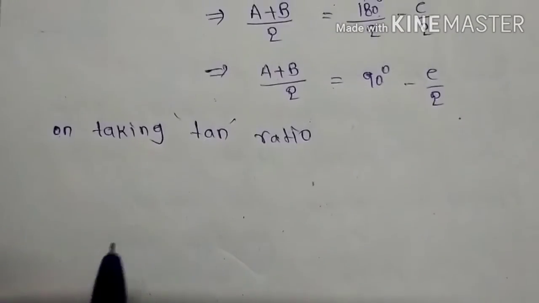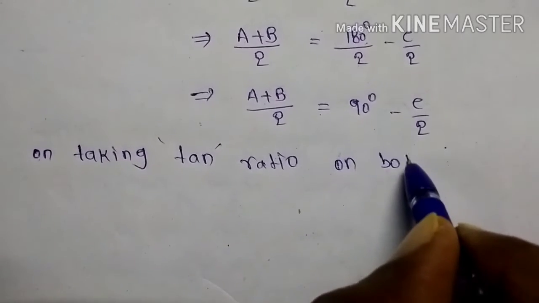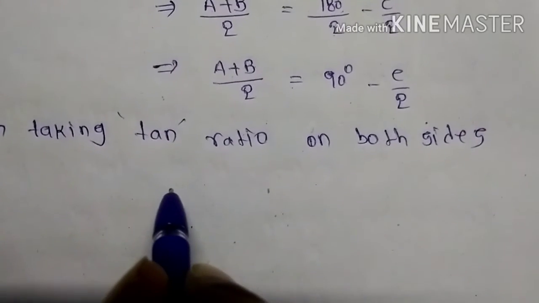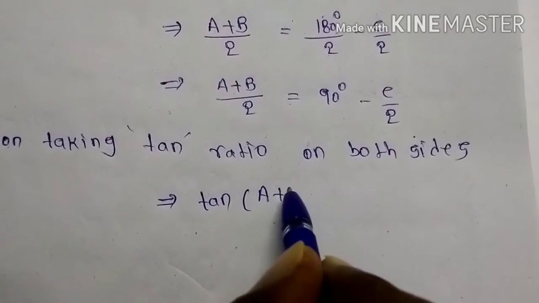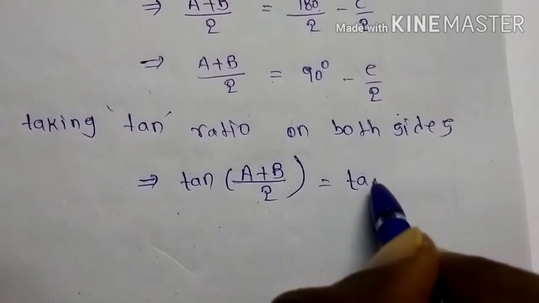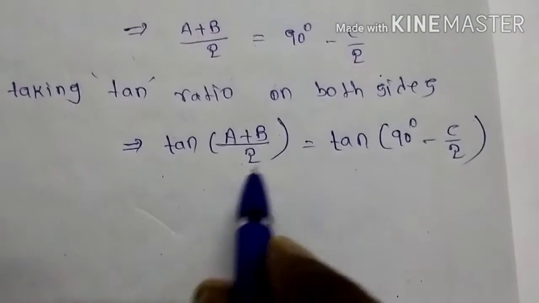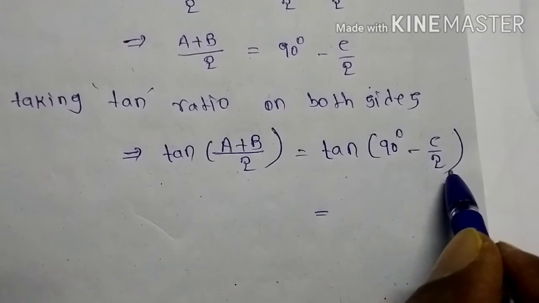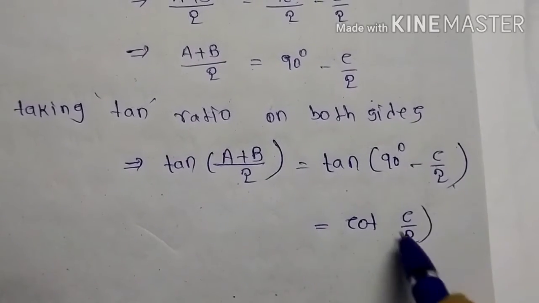So, on taking the tan ratio on both sides, tan of (A plus B) by 2 is equal to tan of (90 degrees minus C by 2). You know that tan of (90 minus theta) will be equal to cot theta, or not? Yes. So I can write here cot C by 2.